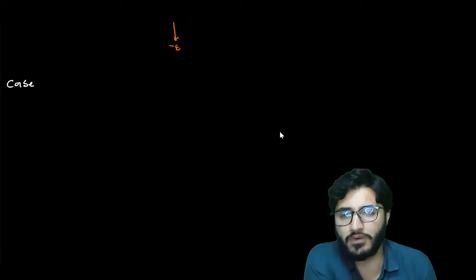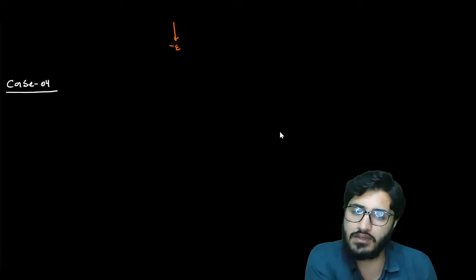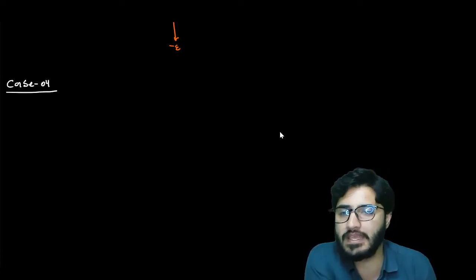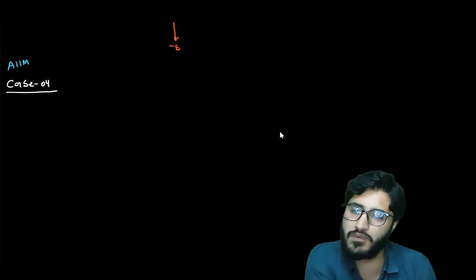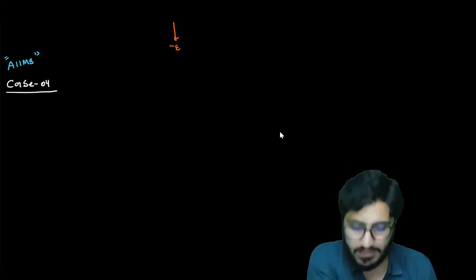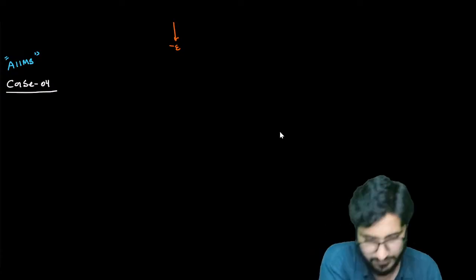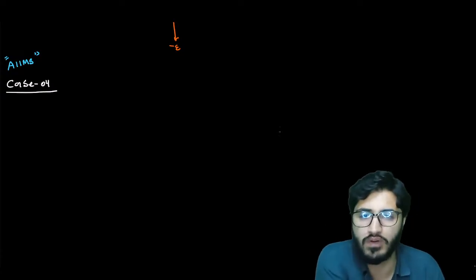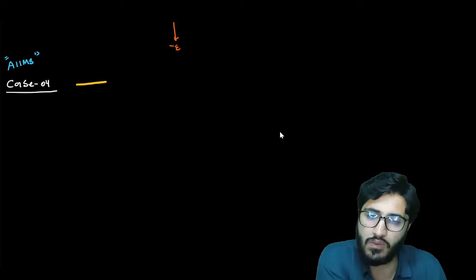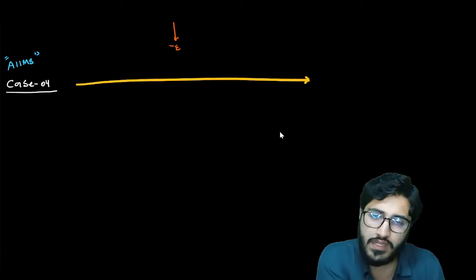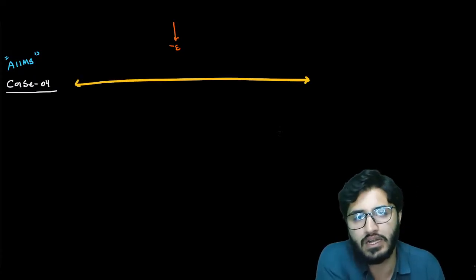Let us talk about the graph, case number 4. And this is also from AIIMS PYQ. This was asked back in AIIMS. So what we have: at origin here, we have a charged particle.